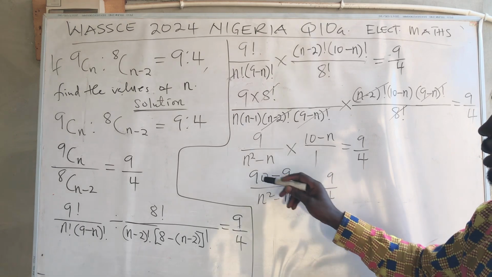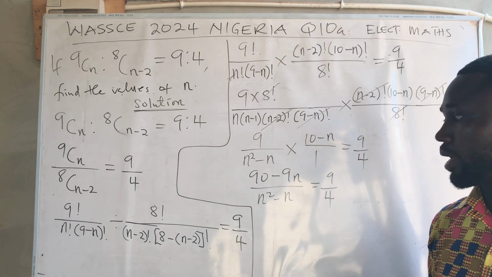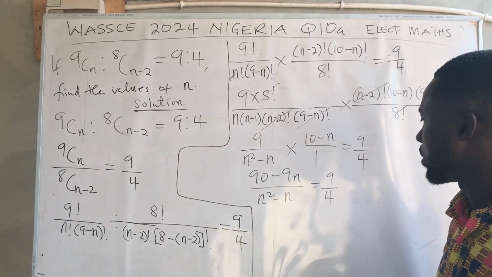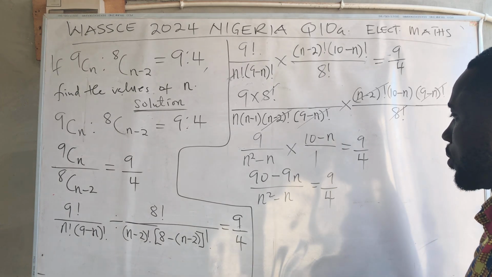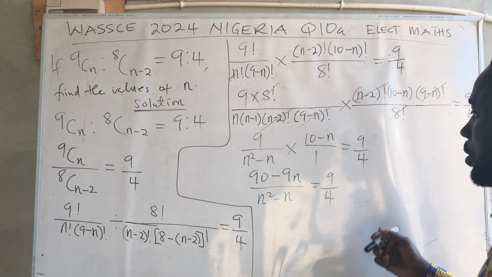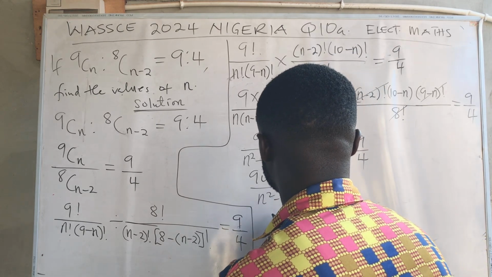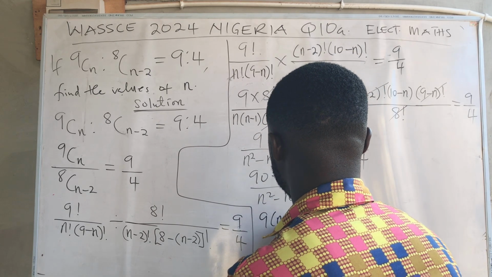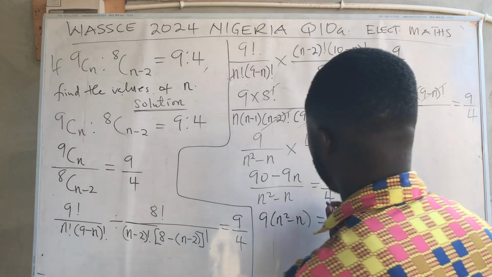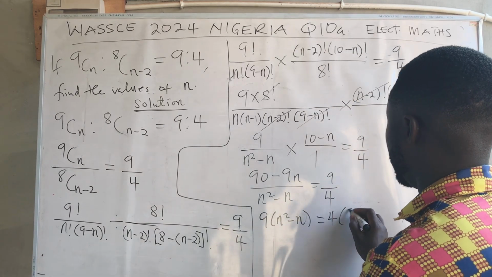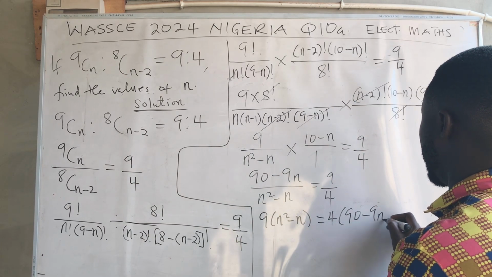What we can do is to cross and multiply. Alright? So let's cross and multiply. So 9 will multiply here to give us 9 times n squared minus n to be equal to 4 times 90 minus 9n.